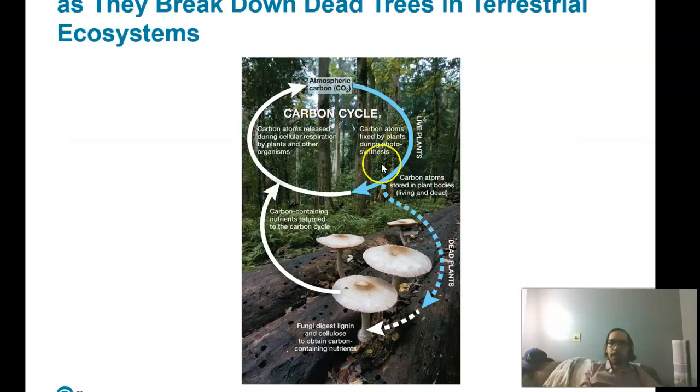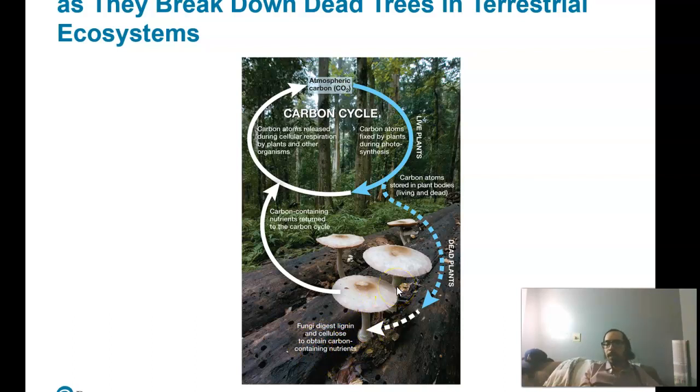So here on top, you can see the carbon cycle. Here's where the carbon atoms are being fixed during photosynthesis. And those atoms are stored in plant bodies, both living and dead. And then you have the fungi that digest tough materials like lignin and cellulose to obtain carbon containing nutrients.